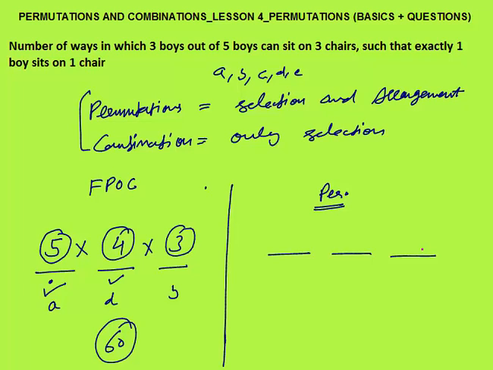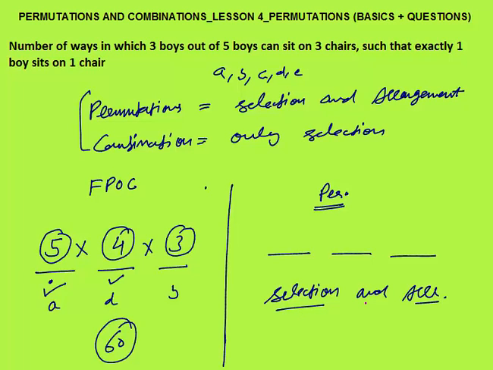So what I will do, I will first select 3 boys who will sit on these 3 chairs. In how many ways can I select? Let me first write selection and arrangement. I told you that permutation is selection and arrangement. So I will first select 3 boys out of 5 who will sit on these 3 chairs.